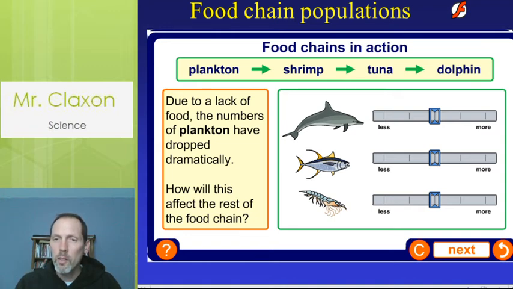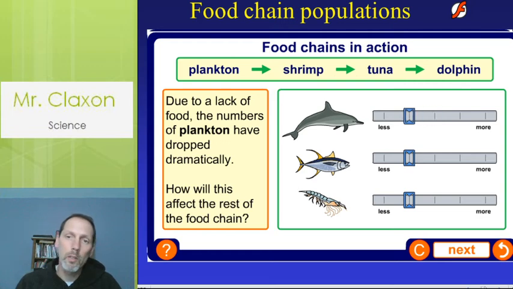So if there's less plankton, what impact is that going to have on the shrimp? Well, there's not enough food for the shrimp, so their population goes down. Now there are not as many shrimp, so the population of tuna goes down. And not enough tuna for the dolphins, so now the dolphin population drops. So we'll check this. Hopefully we get this right. Impacts low in the food chain really affect every animal within that.